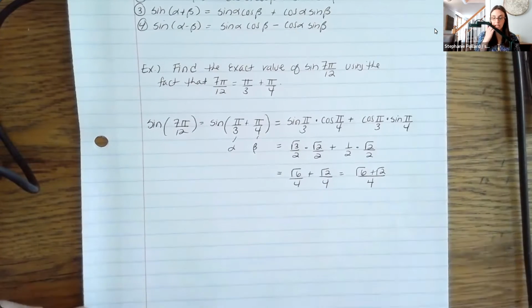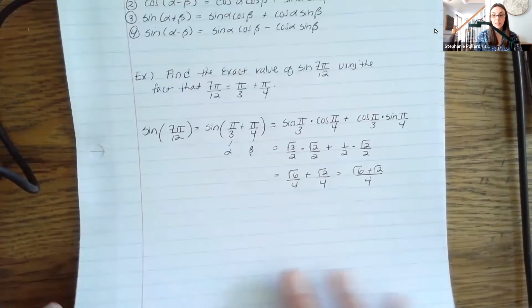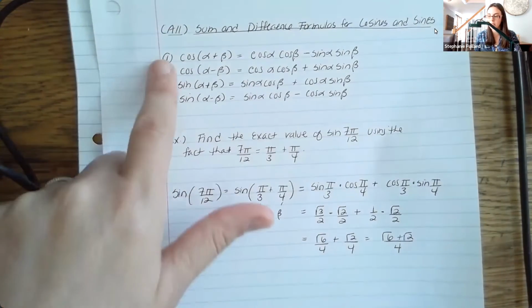Okay, let's go ahead and do another example. I think I'm going to get a new sheet here because it's going to be a little bit of a longer problem, but I do want to refer back to these.